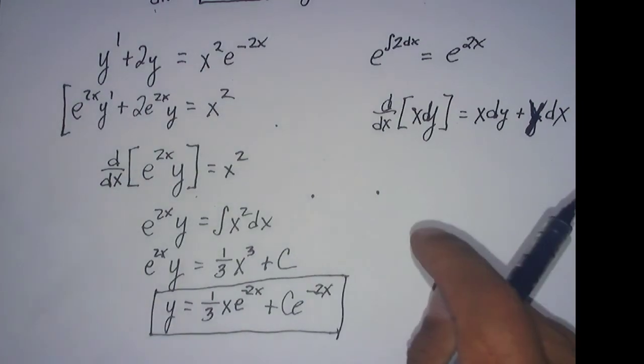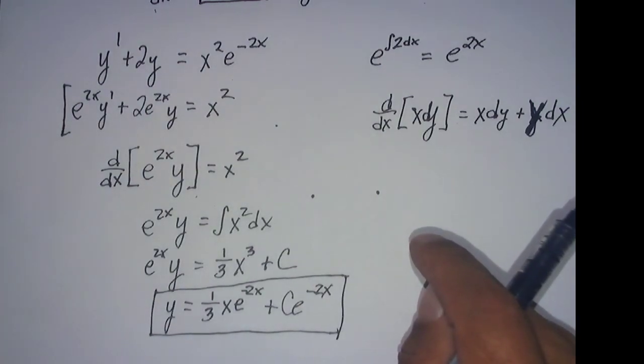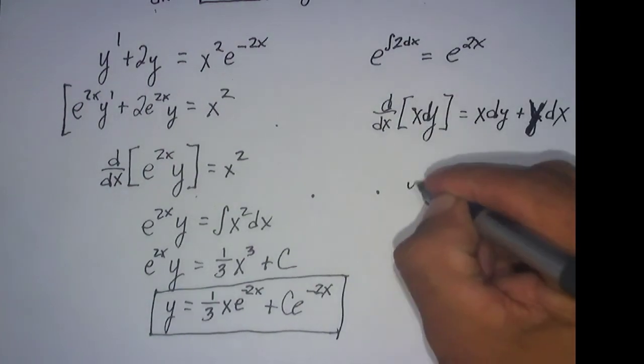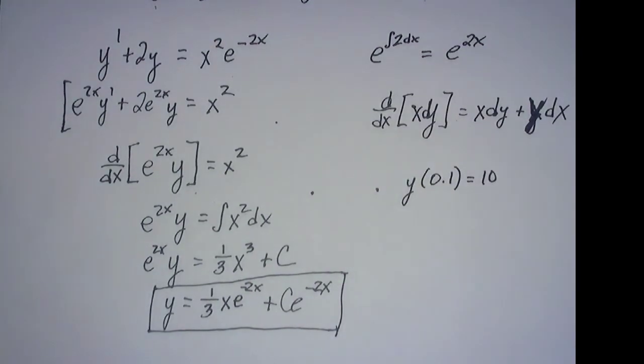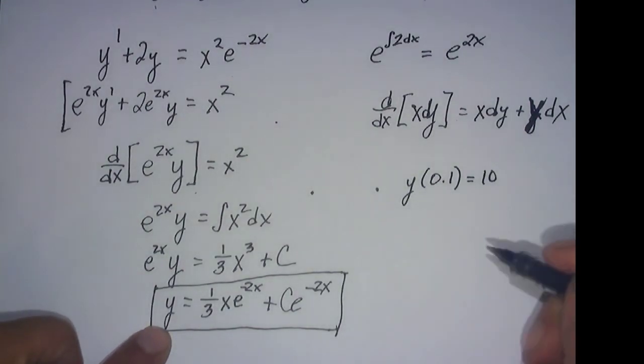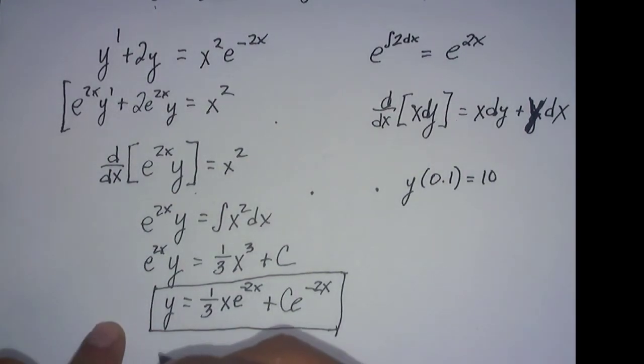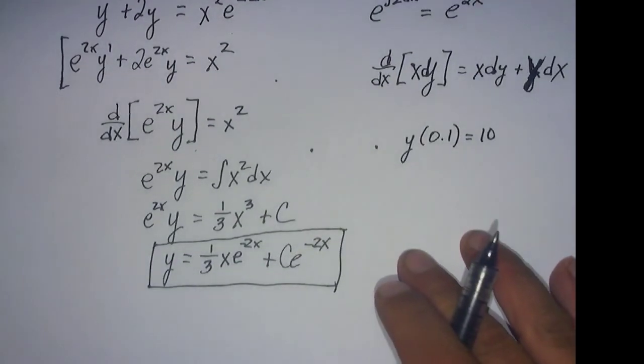Now it's an initial value problem. Let's see what it is. It's y of 0.1 equals 10. So now you've got to solve for c. So 10, y is 10. Let me move this up.